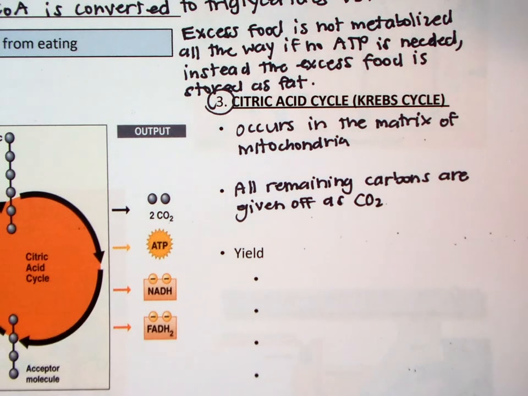So again, this is just waste product, so your cell's going to get rid of it. It's going to diffuse out of your cells into the blood. You take it into your lungs where you exhale it.